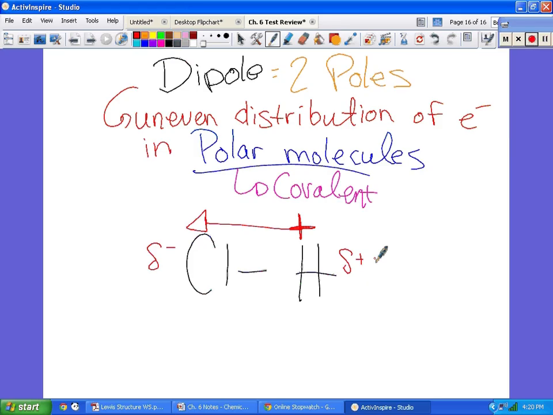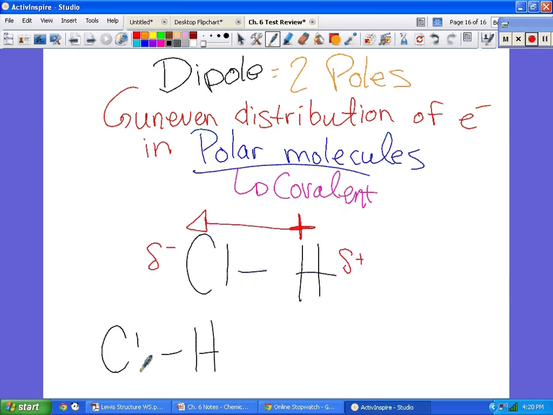Perfect. That's exactly right. So, what is a dipole-dipole IMF? It's when two of these form a connection. If I have HCl, nope, that's not going to be right. Let's flip this around. So, we have HCl.